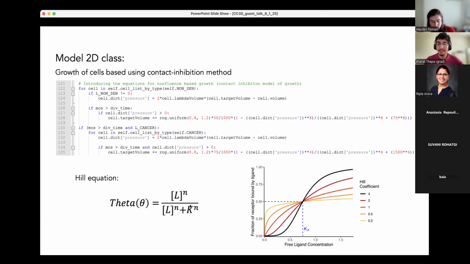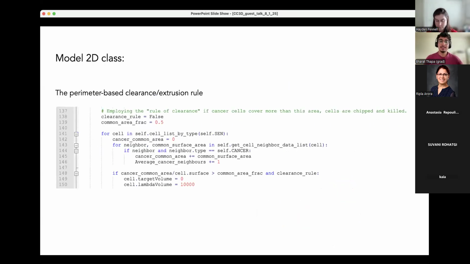The most important thing here is the K. The K here is 75 for the young cells and 1500 for cancer, which shows that cancer cells will not show contact inhibition, or will be very little affected by contact inhibition, even at such high pressures. While these young ones will start to show contact inhibition at a very low pressure. We can talk more about it if someone is interested.